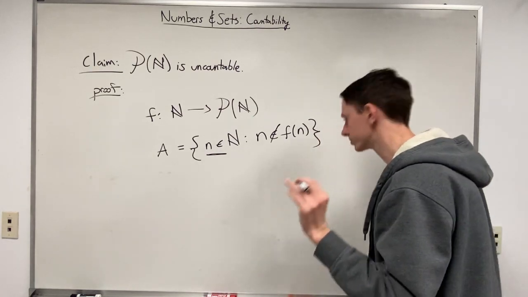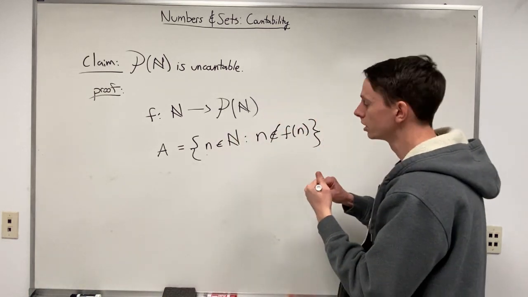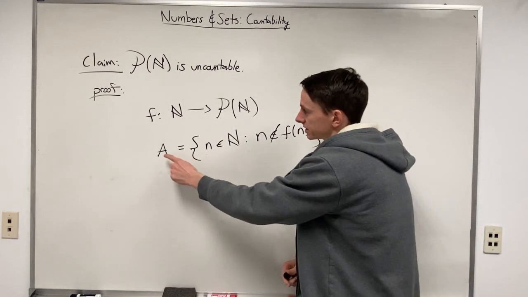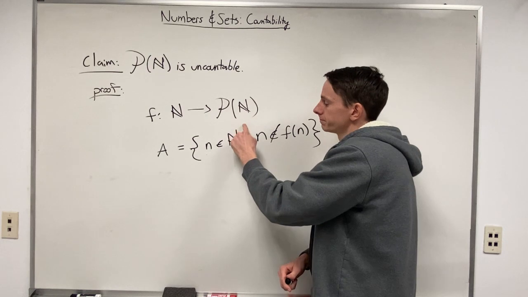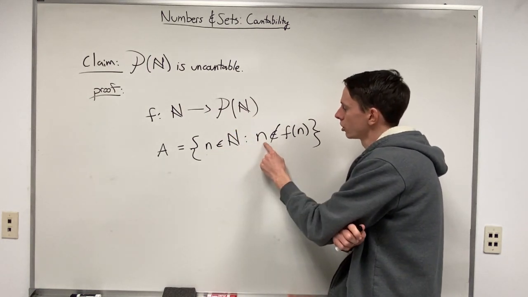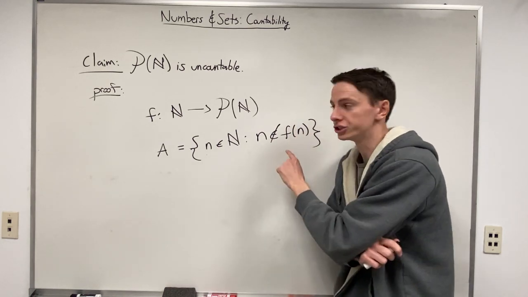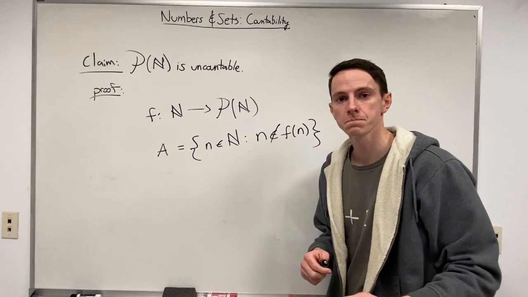And that right there is really important. I think I'll just say it again just to reiterate its importance. We are constructing a subset of the natural numbers where these natural numbers are not elements of the image of f.